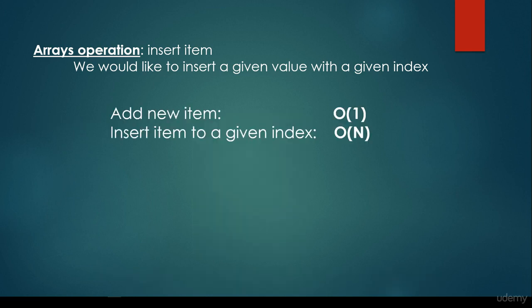Okay. So we come to the conclusion that as far as the insert operation is concerned, adding a new item at the end of the list takes constant time complexity, very fast operation. If we insert items at a given index, it's going to have linear time complexity, because most of the time we have to shift the items in order to be able to make space for the value we would like to insert.